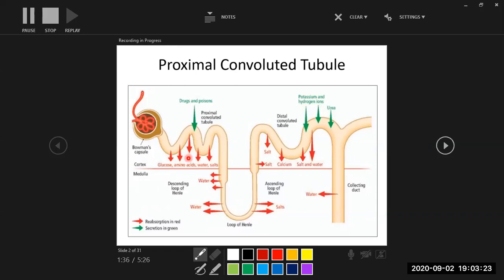You will want to collect them back. Amino acids, the same thing. That's the monomer of protein. So we want to collect them back because they are important stuff, very useful stuff for our body.